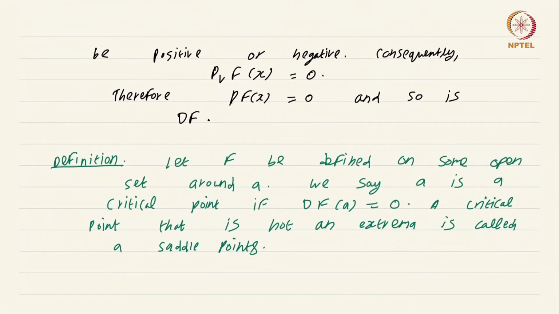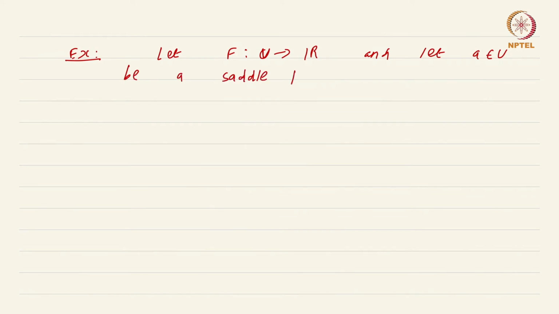So saddle points are points at which the derivatives vanish, but nevertheless it happens that it is neither a point of maximum or a point of minimum, local at least. Now, how do you characterize these saddle points? Well, the next exercise that is left for you does it for you. It's rather a straightforward unwinding of the definition. Let f from some U to R, and let A in U be a saddle point. So this is a point which is neither a local maximum or a local minimum.